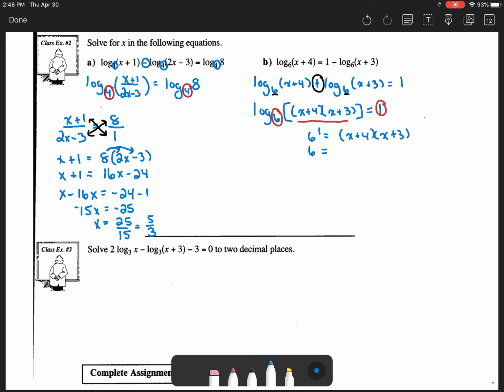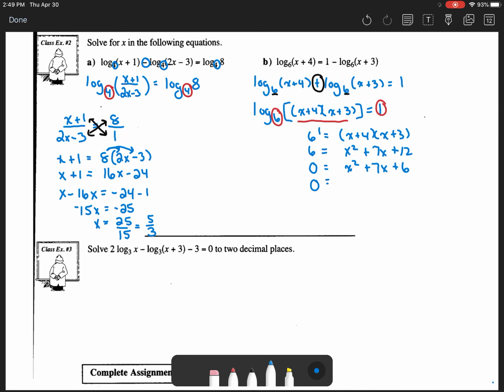So 6 is equal to, expanding these binomials, x squared plus 7x plus 12. Because it is a quadratic equation, I bring that 6 to the other side, so you'll have x squared plus 7x, and 12 minus 6 is a positive 6. There's the quadratic that we need to factor.